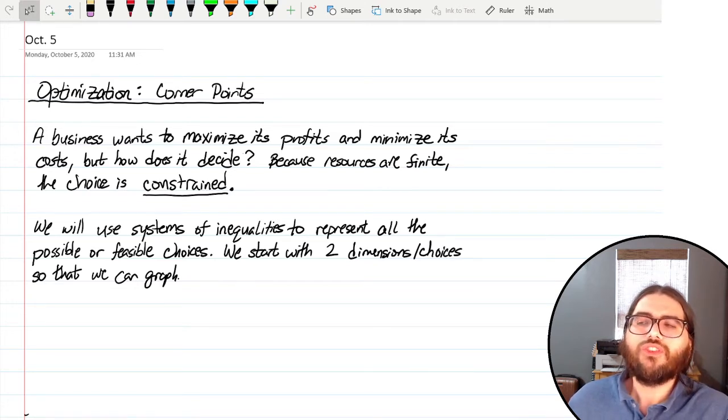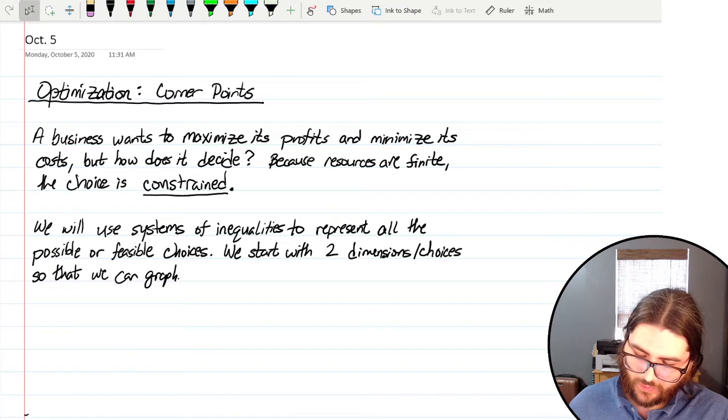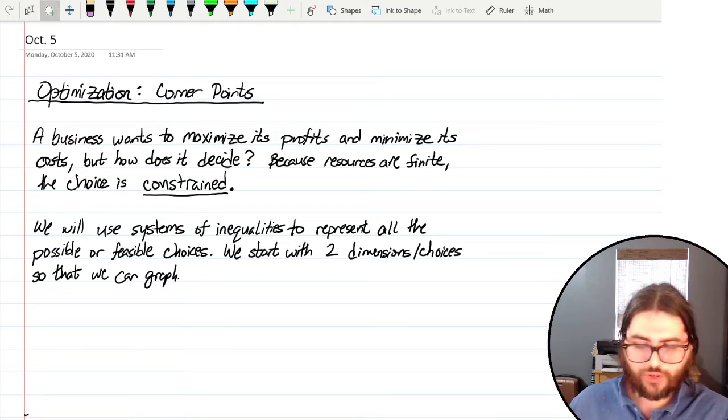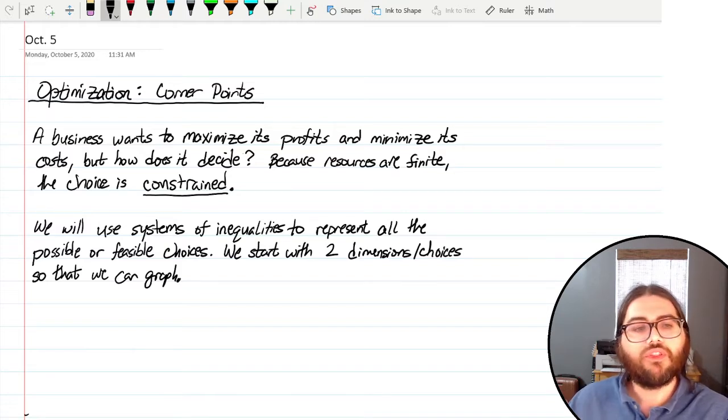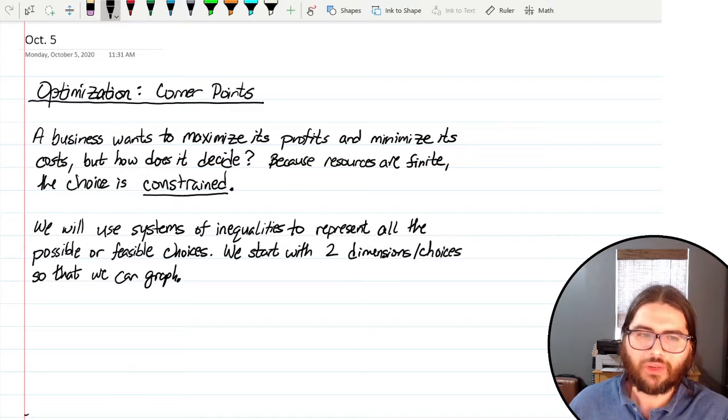So our choice is constrained, and that constraint will be modeled by the inequalities. We will graph them this week. Like I said, next week we'll have more methods, but this week we'll stick to the graphical methods. And we'll very quickly turn even the graphical method into a non-graphical method.